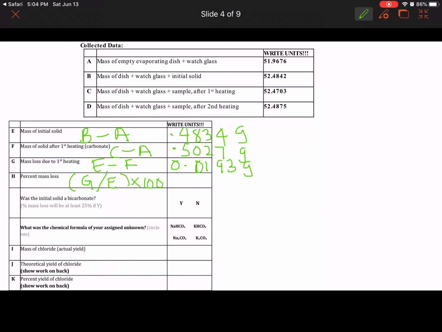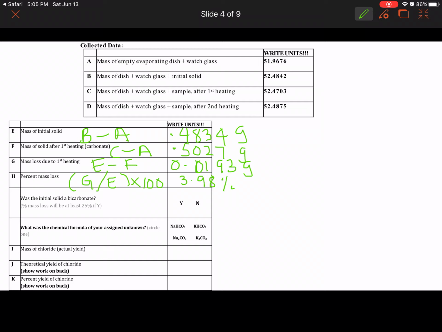Meaning G is 0.0193, divided by the mass of the initial solid, 0.4834, multiplied by 100. That's 3.98%.